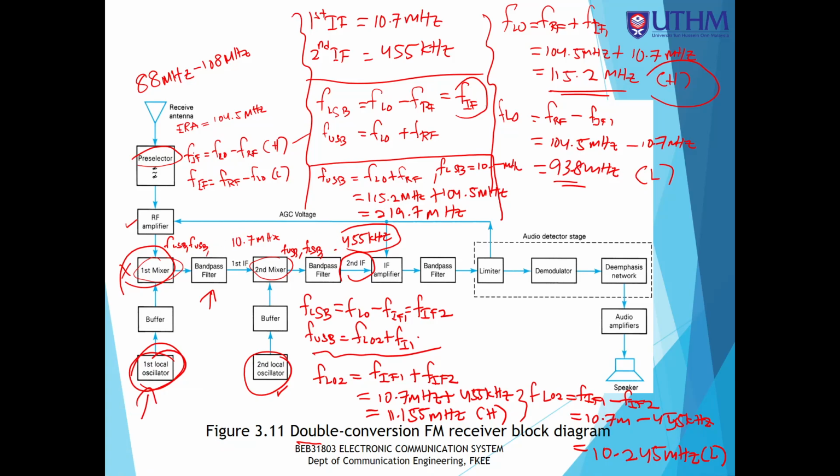Let's assume that it produces two frequencies at the output. The mixer produces two, upper and lower. So I know that the lower sideband is the second FIF, and I want to know how much the upper sideband frequency is. The lower sideband produced by the mixer is equal to the second intermediate frequency. So if I use a high side injection, I want to find the FUSB. This is equal to FLO2 plus FIF1.